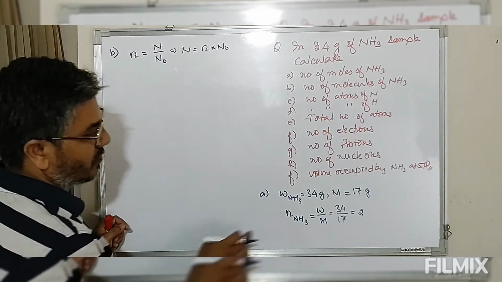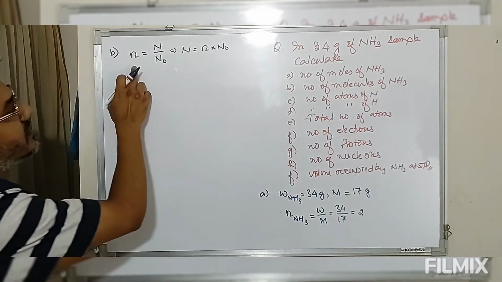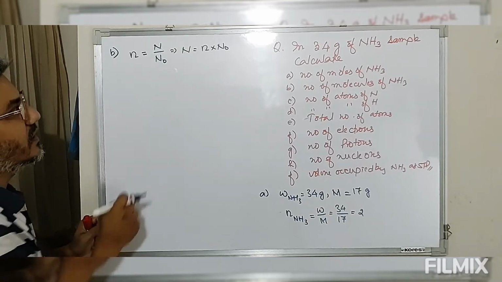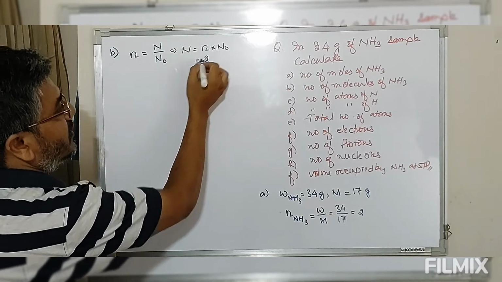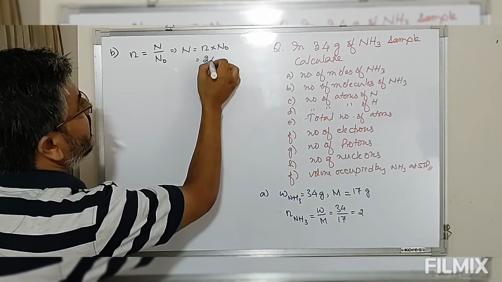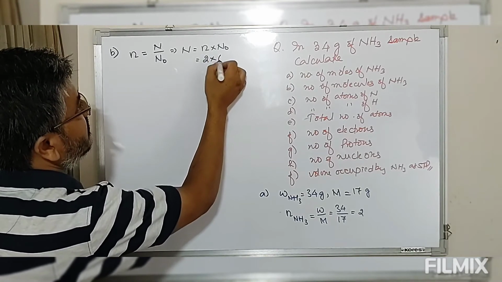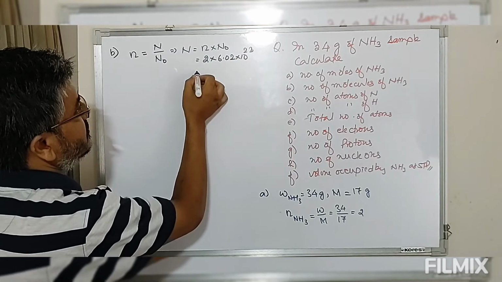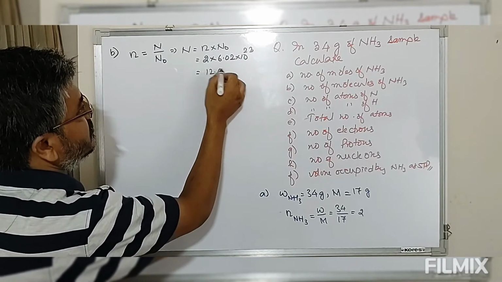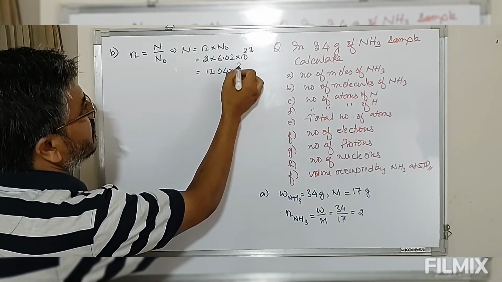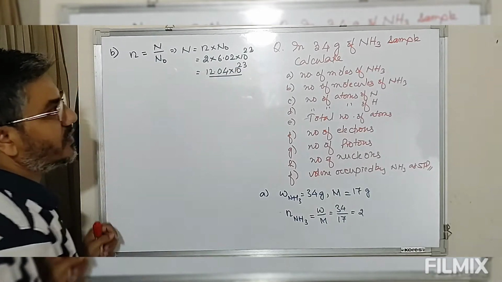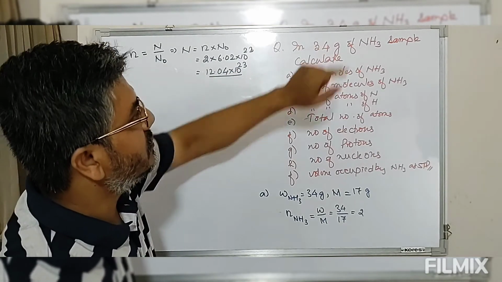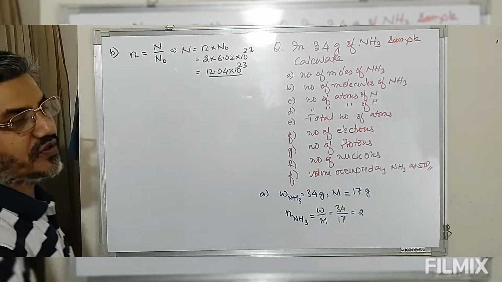Number of moles of ammonia is already defined as 2, so 2 into Avogadro number, and Avogadro number is 6.02 into 10 to the power 23. So 12.04 into 10 to the power 23 molecules of ammonia are present in the 34 gram ammonia sample.